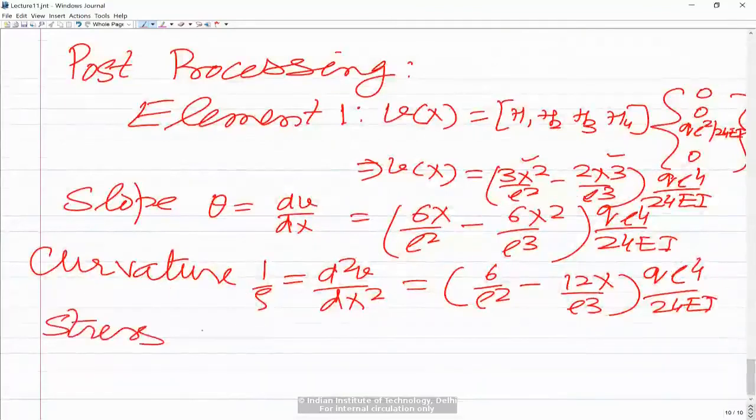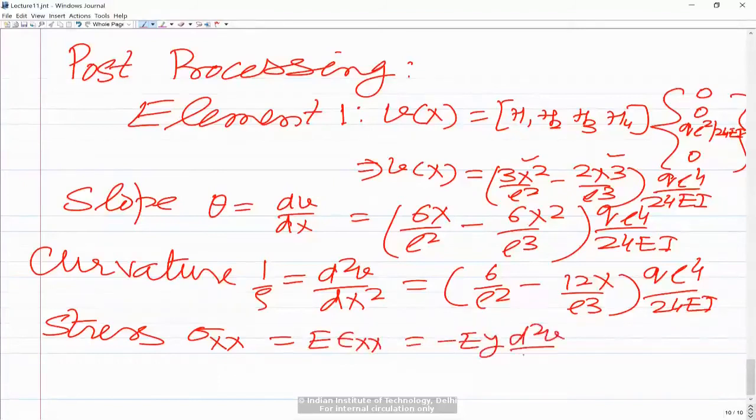So then stress, if you look at sigma xx, sigma xx would be E times epsilon xx, and epsilon xx would be minus y times d2v by dx square. We have written this relationship earlier, that is, stress is minus Ey into d2v by dx square.